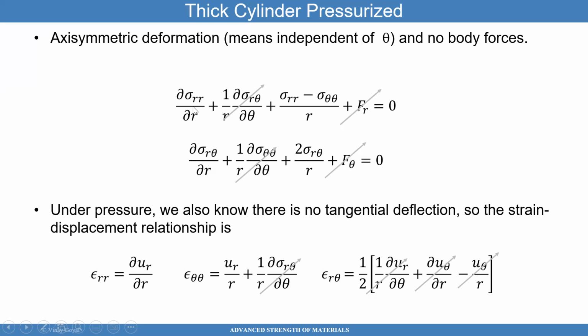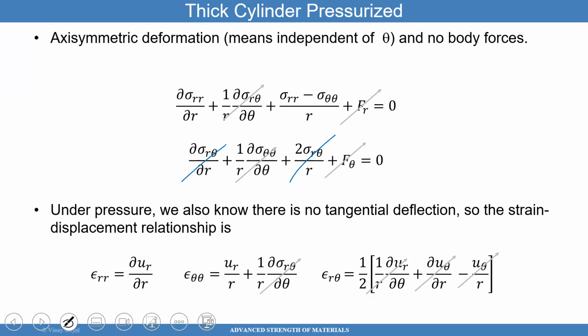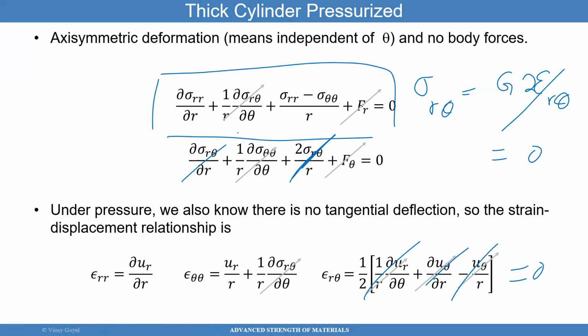So in essence, this term also goes to 0 right there, because we know that sigma r theta equals G times twice epsilon r theta. But I found that all these terms go to 0, which means that this goes to 0. So that goes to 0. And now I'm left with this equation alone. So things got simplified quite a bit.